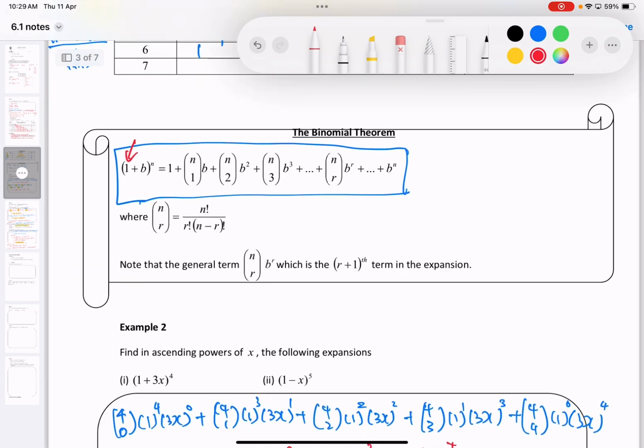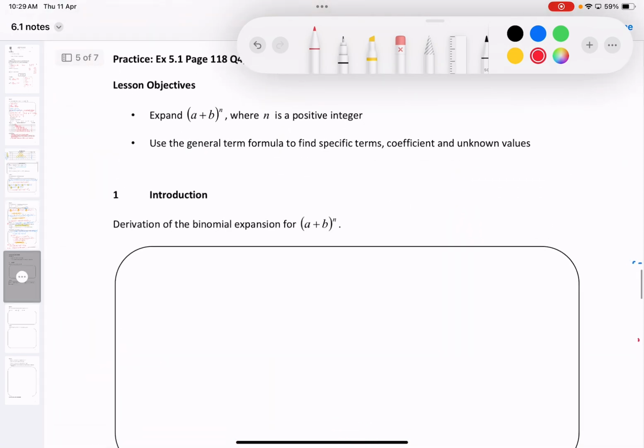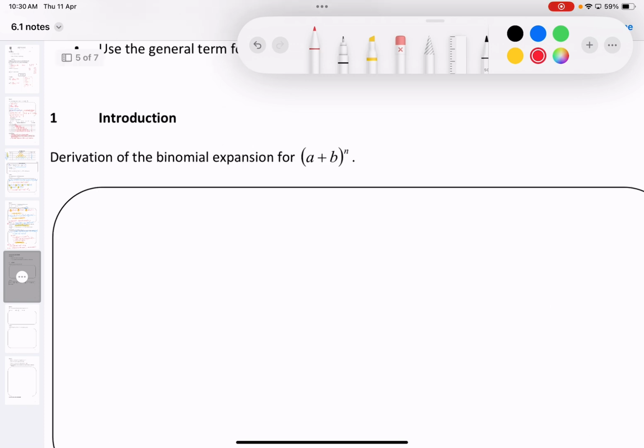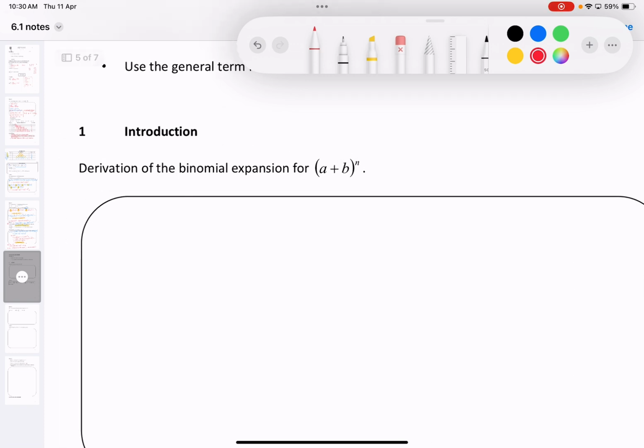But for those of you who are interested in how to derive this, we first need to use the other formula to help us derive this part, (a over b) to the power of n. I'll just go through this, but you don't have to memorize it. They will never test you on derivation. I just want to tell you how it comes about.